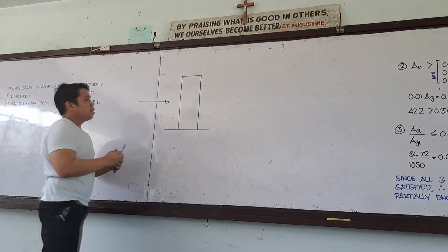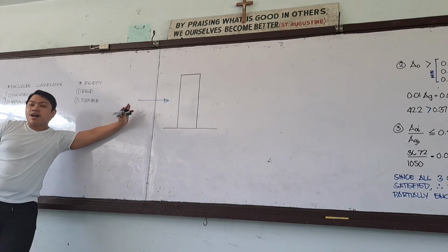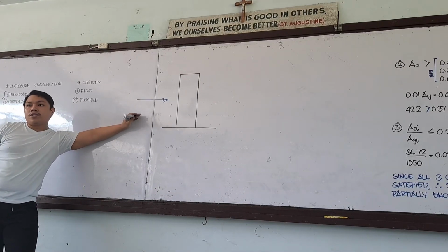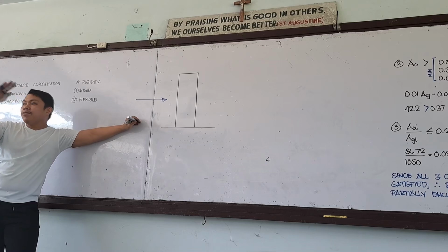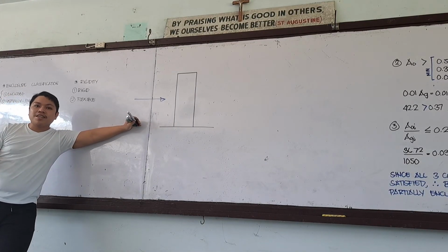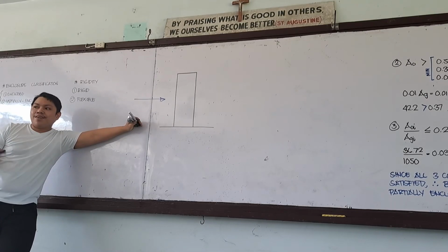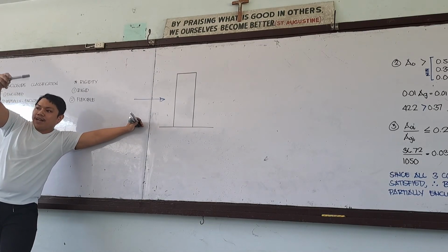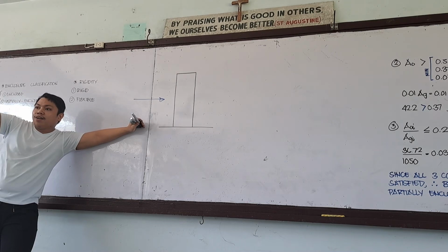Take note, if our structure is experiencing or resisting lateral loads, there will be vibration or oscillating. So what do you mean by oscillation? In your physics, when it moves in one direction, it returns to its original location.